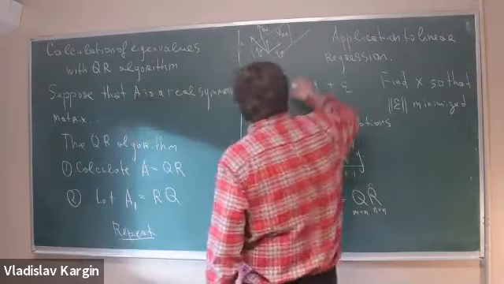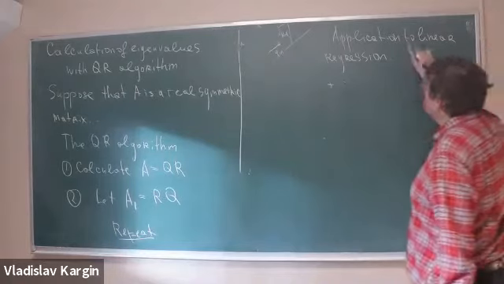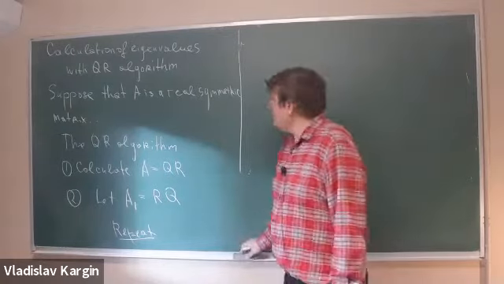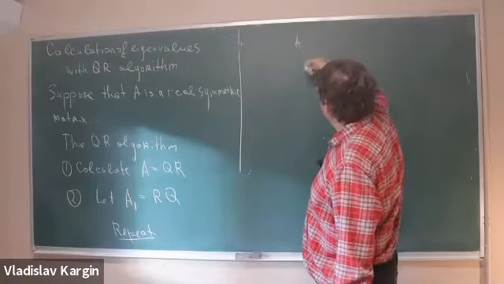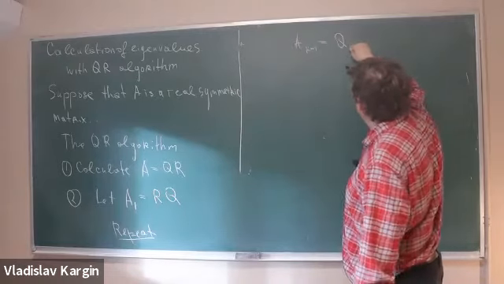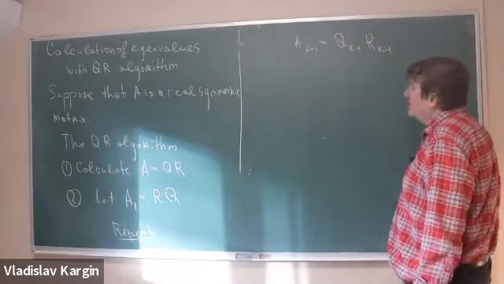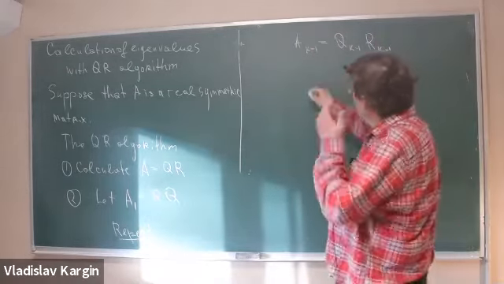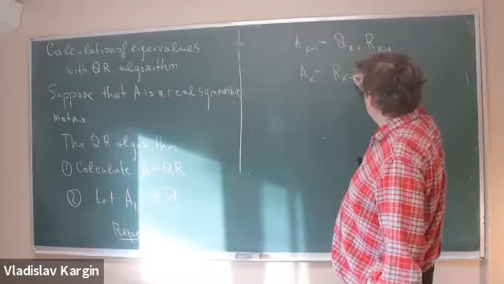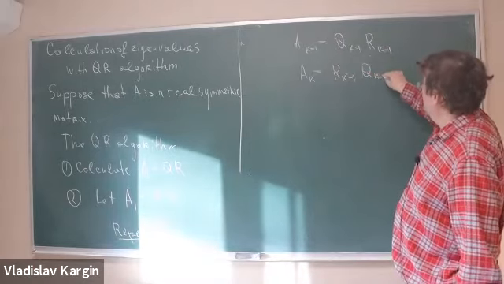You apply the same procedure to A1. In principle, if you have A(k-1), which is equal to Q(k-1) R(k-1), then you define Ak equal to R(k-1) times Q(k-1).